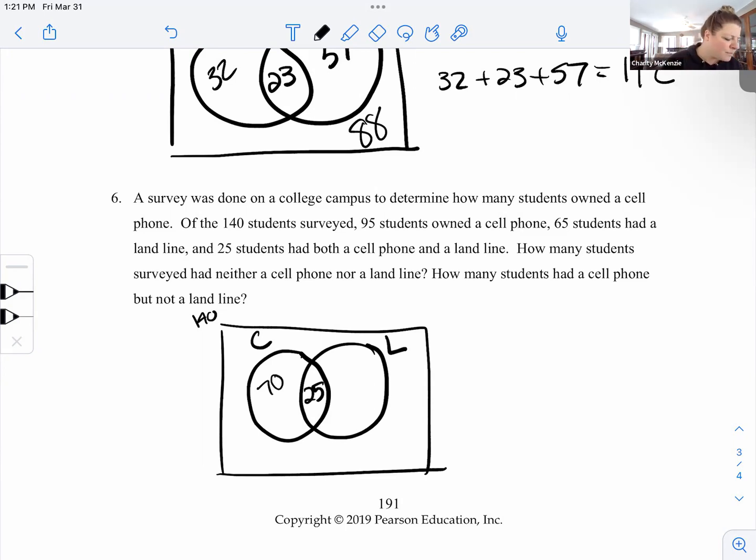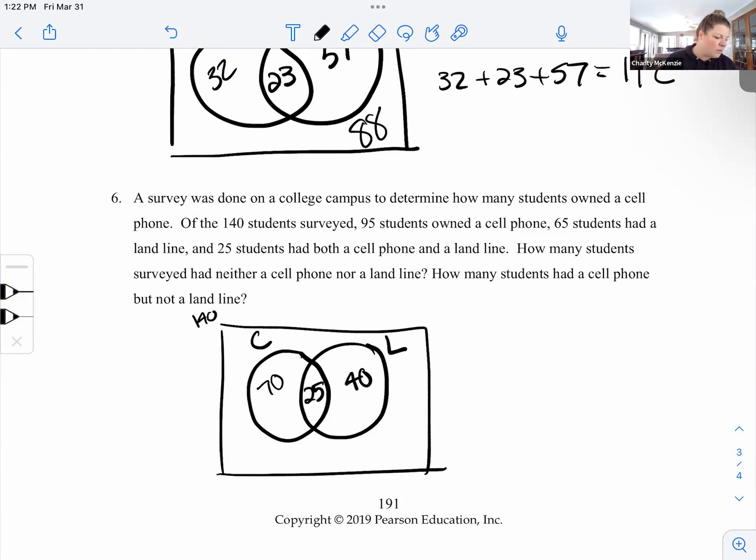And then in the landline, 65 students had a landline. So 65 minus 25 is going to give us 40. And so we have 40 people that only have that landline.